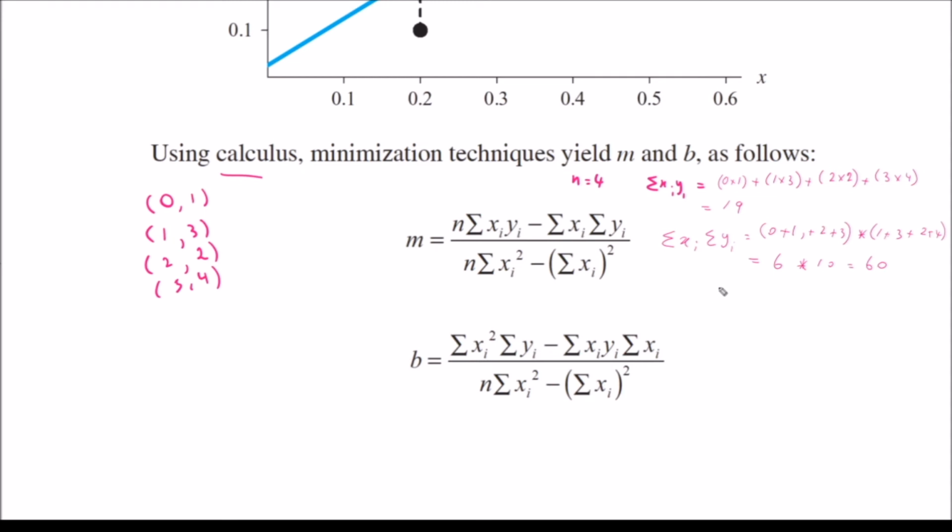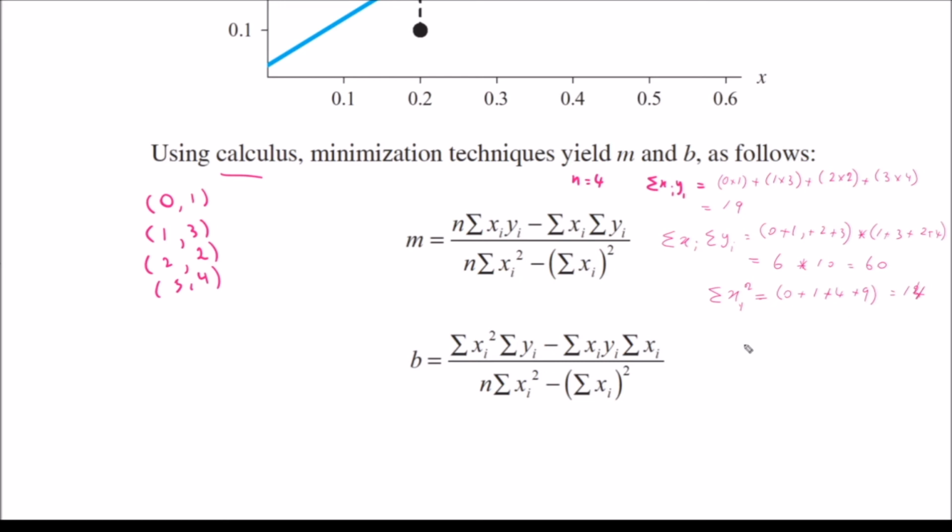So what else do I have? I have xi squared, added all together. So here I'm squaring each and adding: 0 squared is 0, 1 squared is 1, 2 squared is 4, and 3 squared is 9. So I get 14 here.